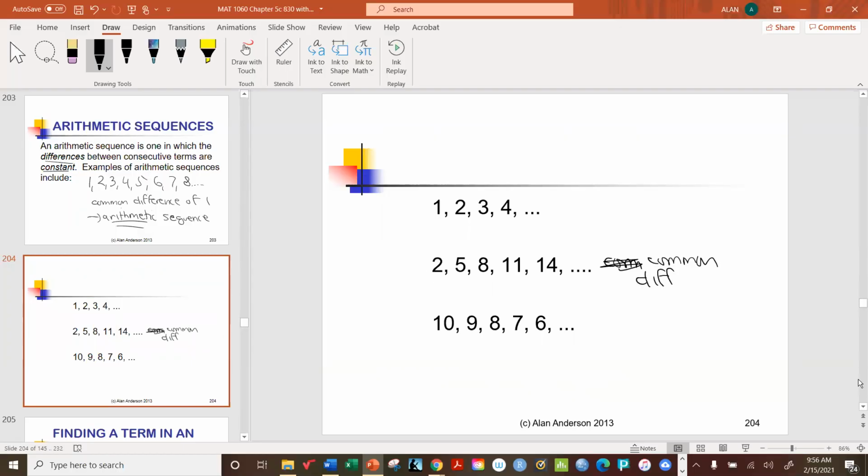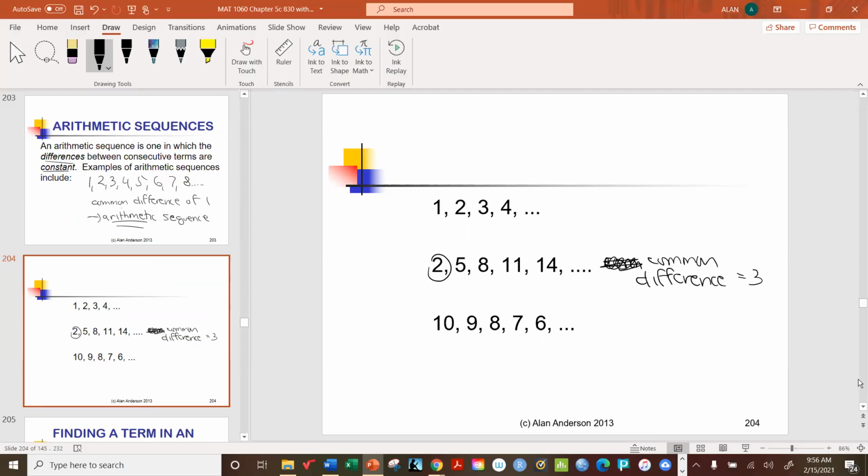And by the way, it doesn't matter where it starts. It doesn't have to start at 1. As long as there's a common difference, here it's always 3. To get from 2 to 5, I added 3. To get from 5 to 8, I added 3, all the way up. And this goes on forever. That qualifies then as an arithmetic sequence.